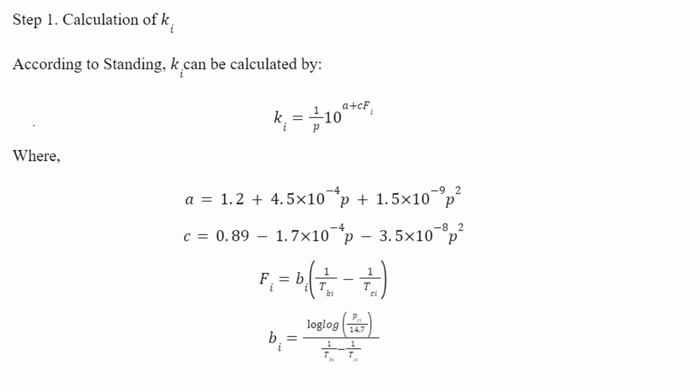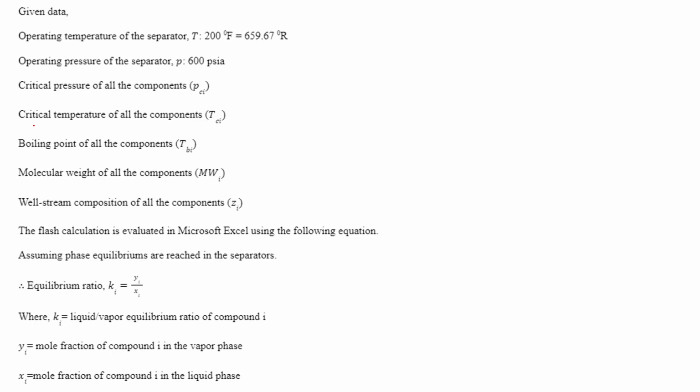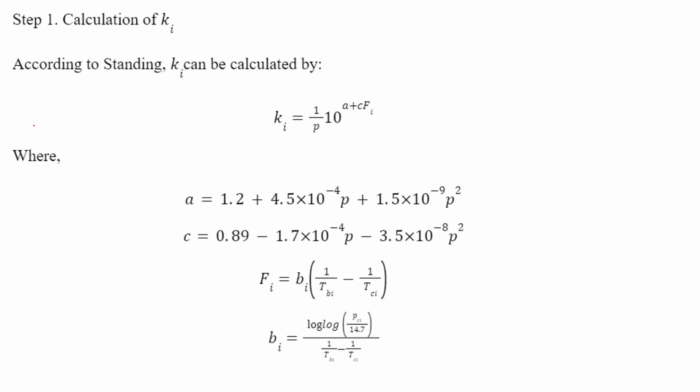So the first step is to calculate the equilibrium ratio. The equilibrium ratio Ki is equal to Yi by Xi, and empirically Ki can also be calculated according to Standing as 1 by P times 10 to the power A plus C Fi. These constants A and C are given by an equation with respect to the pressure.